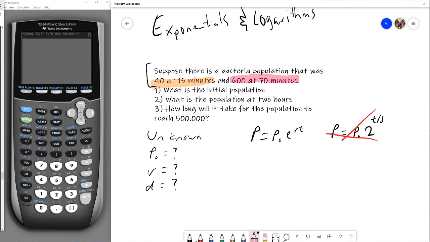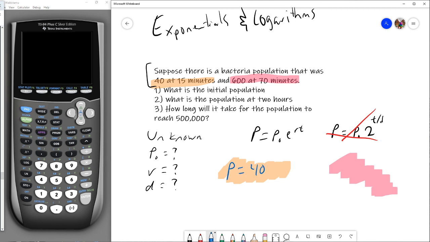So this is going to be two points. If you think of an XY point, X comma Y, we could think of it in that manner. Just looking at this, we have population was 40 at 15 minutes. That means P is going to equal 40 when t is equal to 15. Similarly, P is equal to 600 when t is equal to 70.